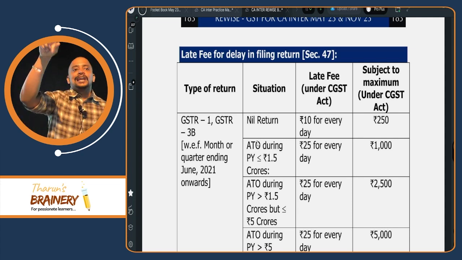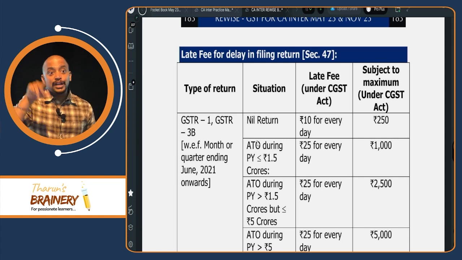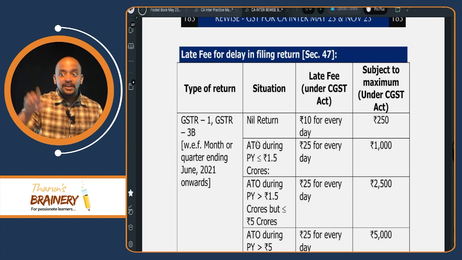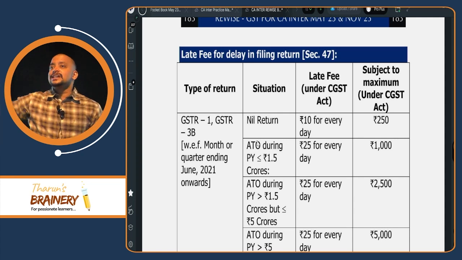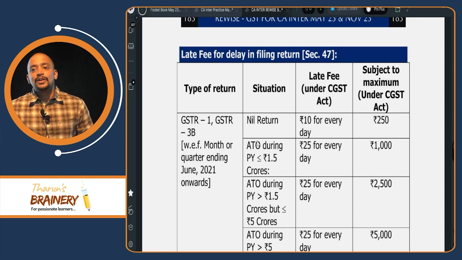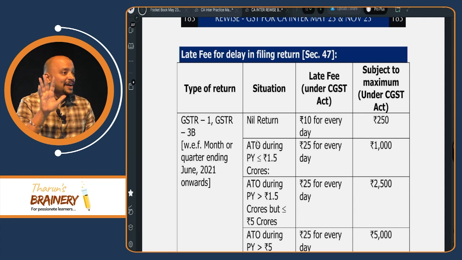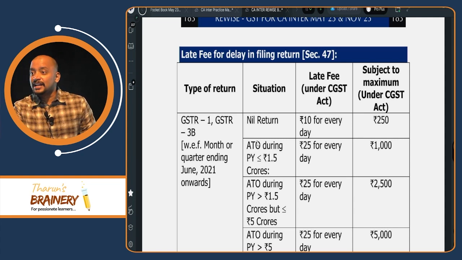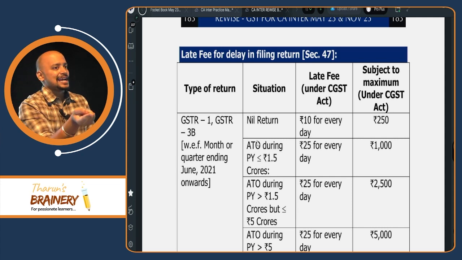They will give option A 300, option B 600, option C 250, option D 500. You understood or not? And their question is compute late fee. Now what is the correct answer? 500, not 250, because for late fee they did not specify which Act, means we need to do as per both CGST and SGST Act.